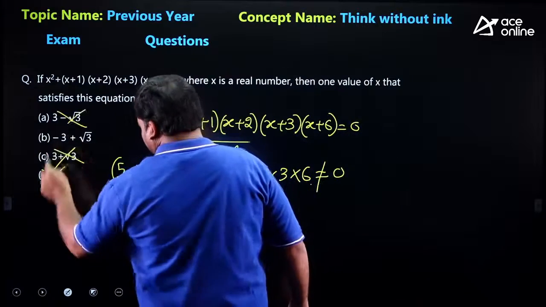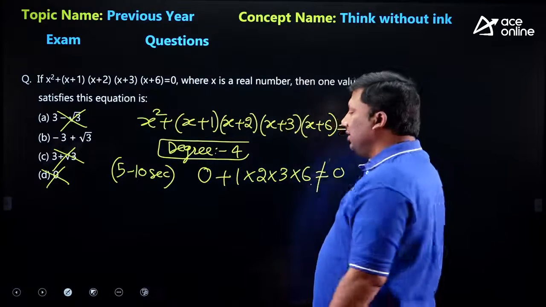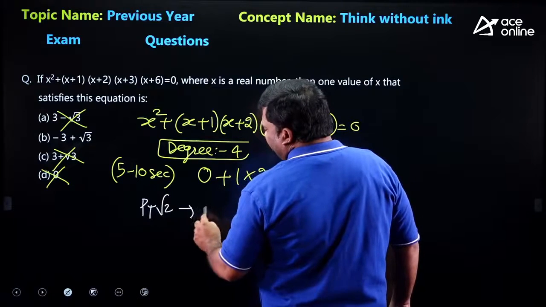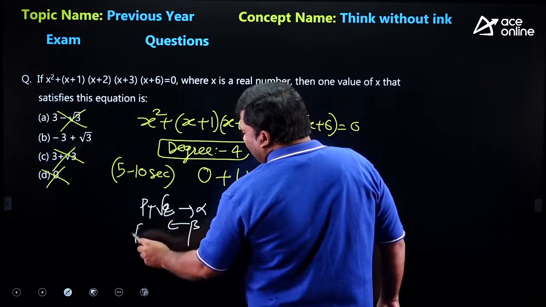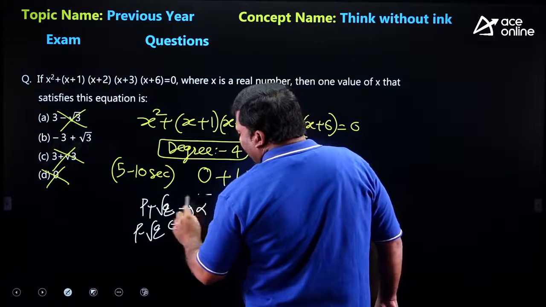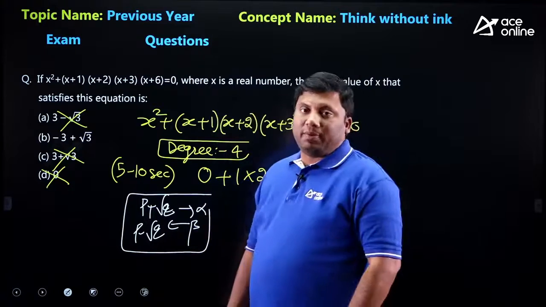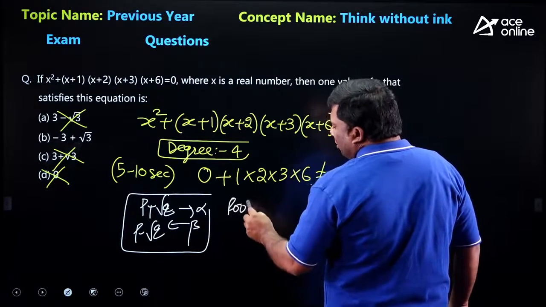These both are eliminated. Why are these both eliminated? If p plus root q is one root, another root will be its conjugate, which will be p minus root q. Roots will be in conjugate mode.